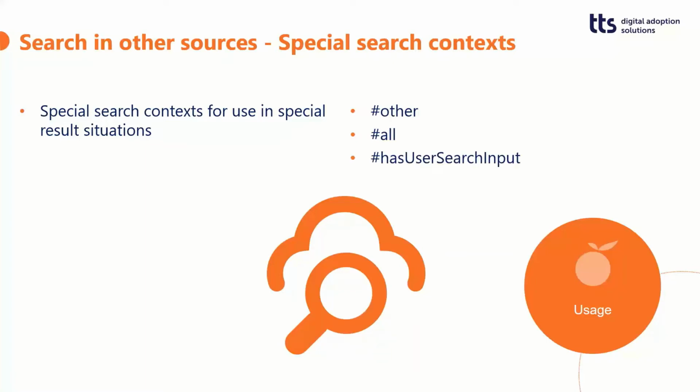And a special search context we also added is has user search input. So if your users manually entered any search input, you can react within your result list by pointing those users maybe to something like your intranet page or to a SharePoint, since the probability that the users, if they enter manual search terms, will search for something more company specific is higher than when the search term is some technically detected search term, like, for example, an Office application or something else.